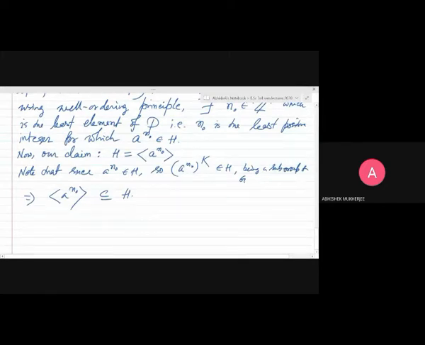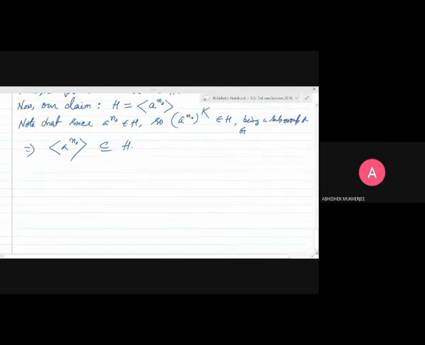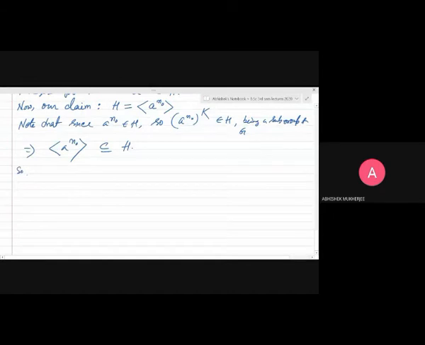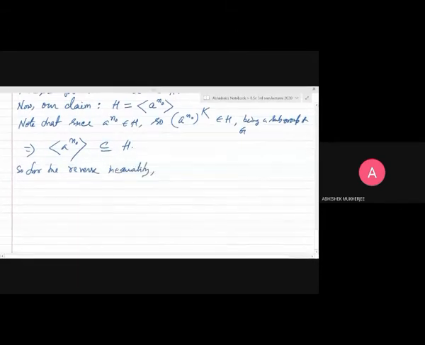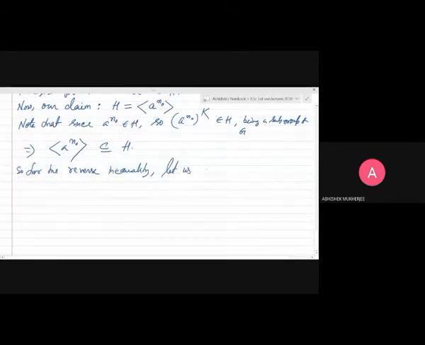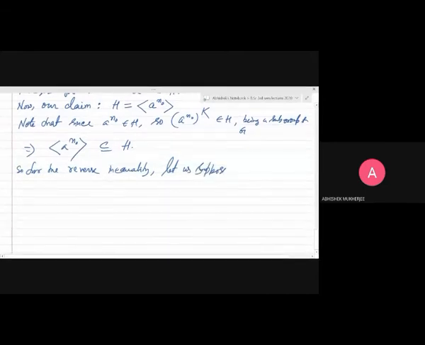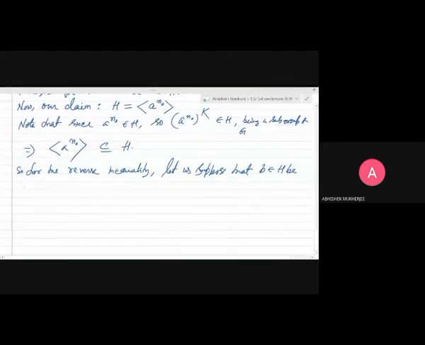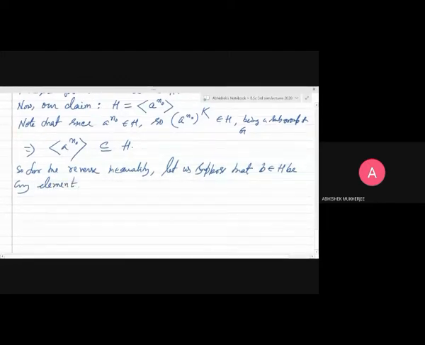Okay. So it remains to check the reverse inclusion, right? So for the reverse inclusion, let us suppose that b belongs to H, be any element. Okay, and we would like to prove that this b is generated by a to the power n naught.